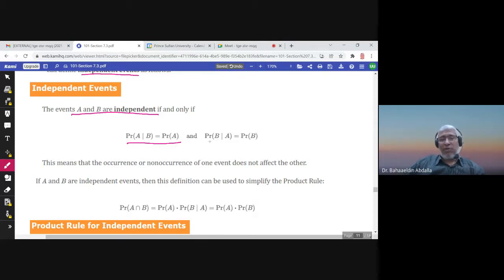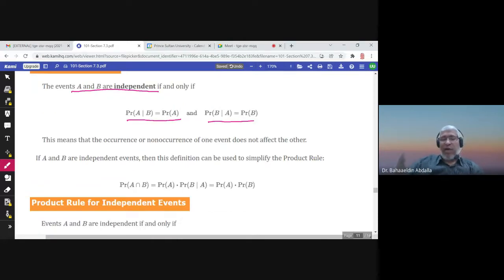Also here, if probability of B given A equals probability of B, the unconditional probability of B equals the conditional probability of B. So A did not change the probability. This means that A and B are independent events. So we call A and B independent if one of these two holds. So this means that the occurrence or non-occurrence of one event does not affect the other.